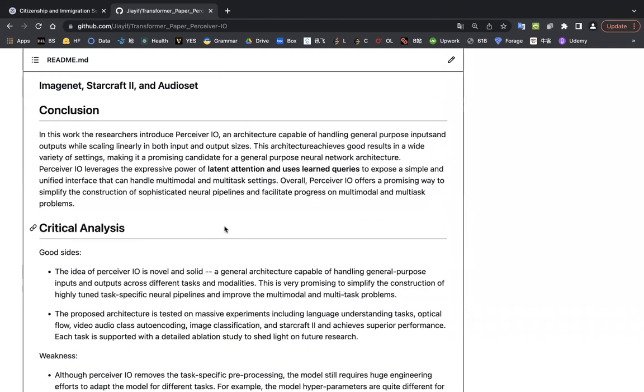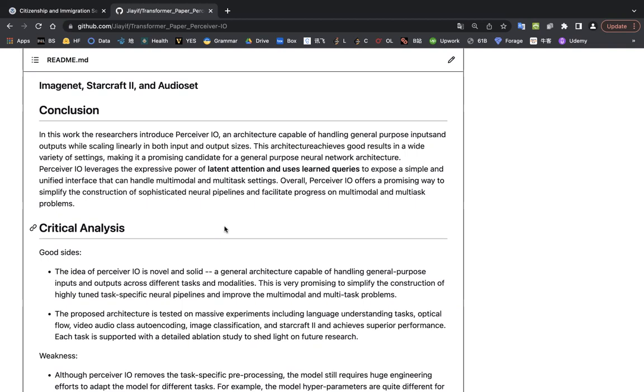So in conclusion, in this work, the researchers introduced Perceiver IO, an architecture capable of handling general purpose inputs and outputs while scaling linearly in both input and output sizes. This architecture achieves good results in a wide range of settings, making it a promising candidate for a general purpose neural network architecture.